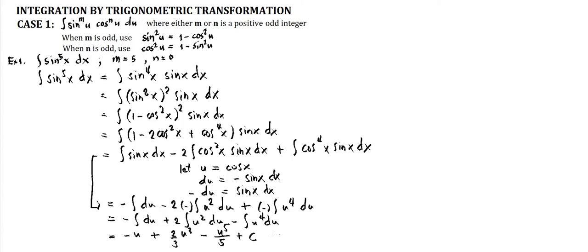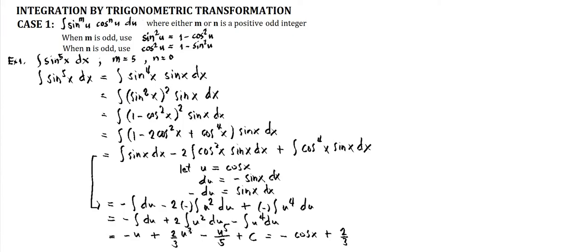Pagkatapos nun, ipa-plug in natin yung value ng x natin dito sa ating sagot. So, magkakaroon tayo ng our final answer here. So, negative u. Pero yung u natin equals sa cosine of x. Cosine of x. And then, plus 2/3.